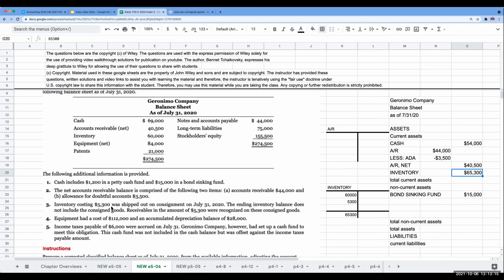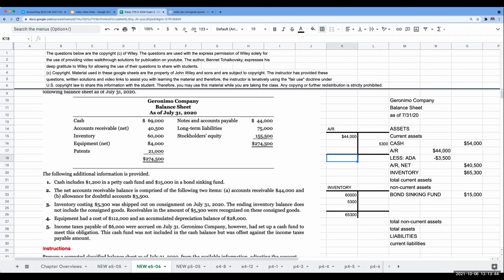So again, my inventory is not 60,000. I've got to add this up. But over here, I recorded it as part of accounts receivable. So my accounts receivable gross was 44,000. Receivables in the amount of 5,300 were recognized on these consigned goods. That $5,300 should not be in there, so I'm going to need to remove it.